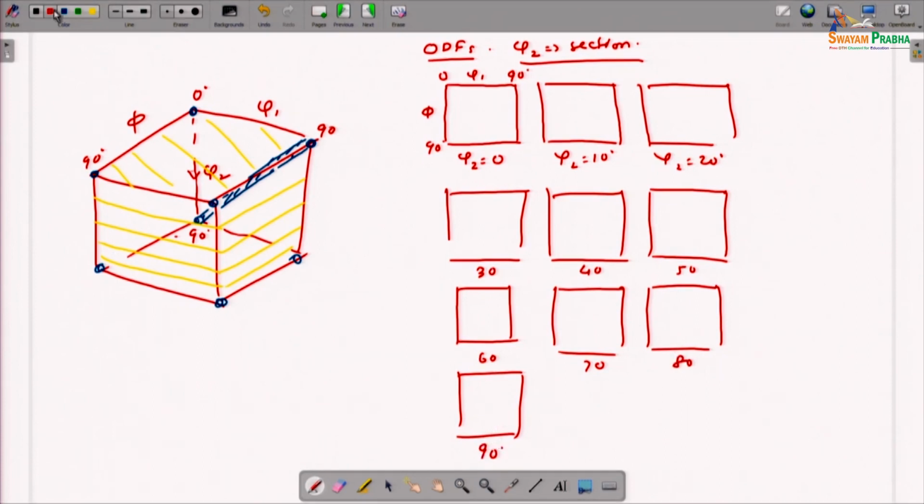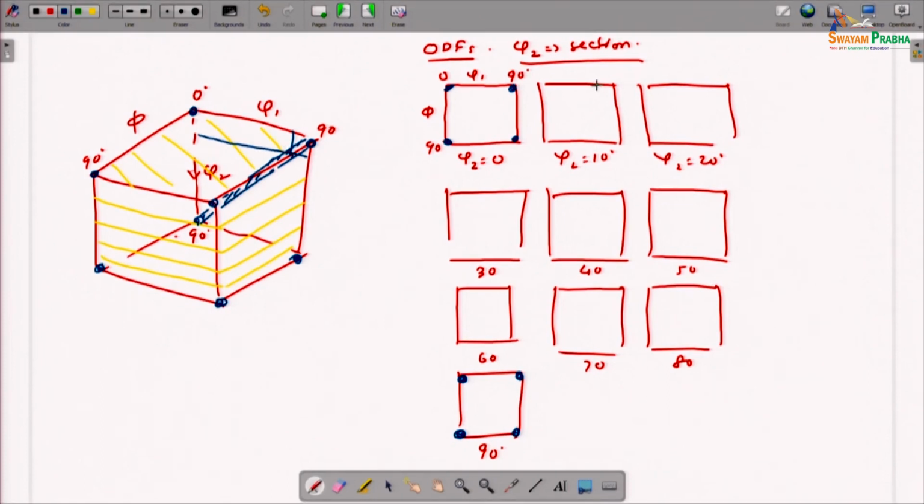Then the position of the cube components at phi 2 equal to 0 degrees are the corner positions, right. So, it will be shown somewhere here, somewhere here and somewhere here, and similarly at phi 2 equal to 90 degree section, it is shown again in the corner. So, it will be shown here and here, right. Now, if we look into phi 2 equal to 10 degree section, the position will be at phi 1 equal to 80 degrees, as we have said.